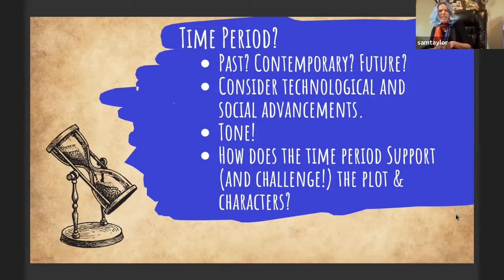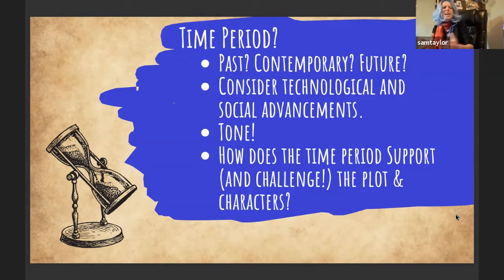Decades ago, the default for fantasy tended to be a medieval type world, a pseudo medieval world. Don't feel that you have to limit yourself to that. We have a whole range of time periods. I've seen fantasy books set in the Stone Age, in beyond ancient times.